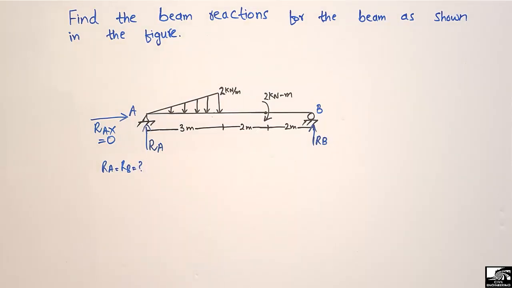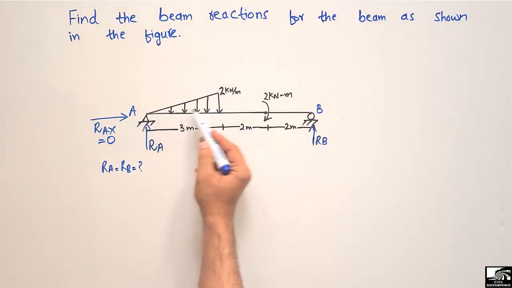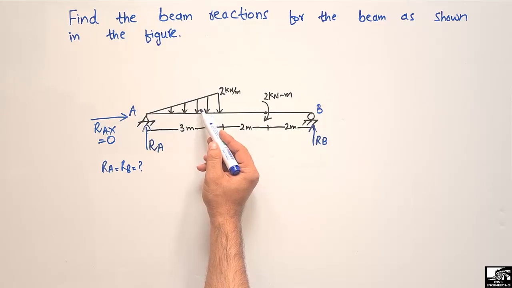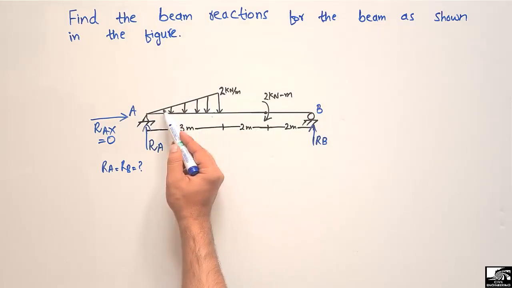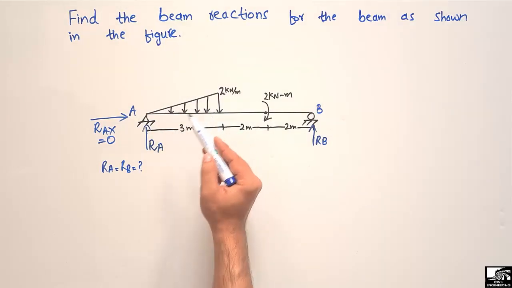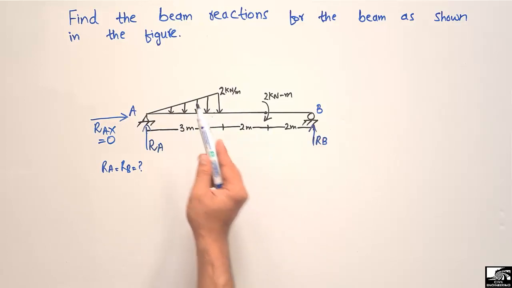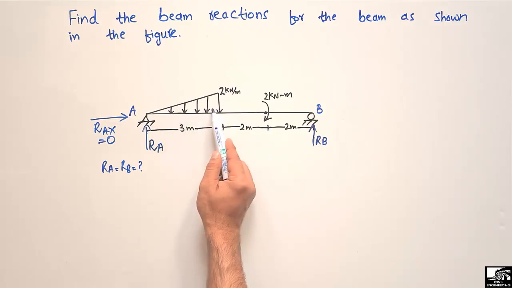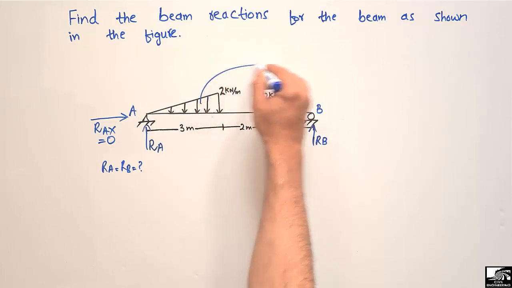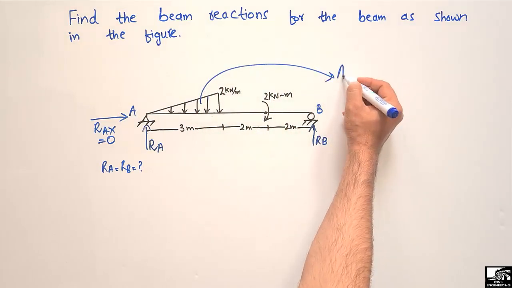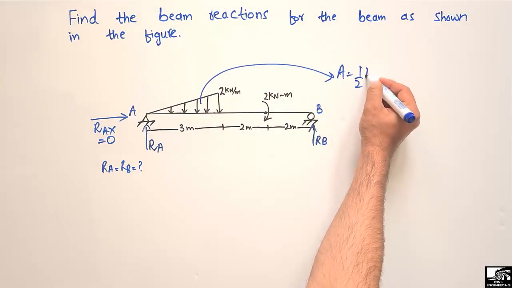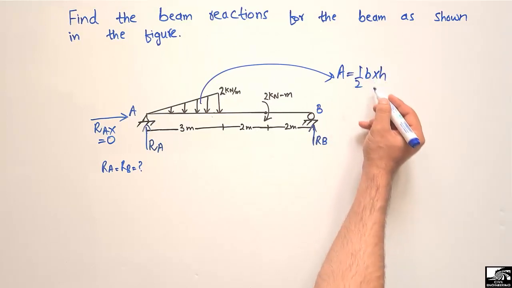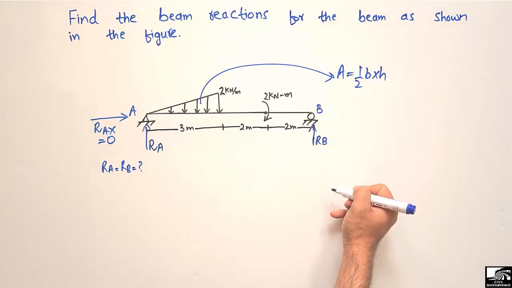Now to start finding the support reactions, we have to convert this uniformly varying load into a pointed or concentrated load. So how do we convert this uniformly varying load to a pointed load? Simply, we will find the area of this triangle. The area will be equal to half base into height. This is the formula used to find the area of a triangle.